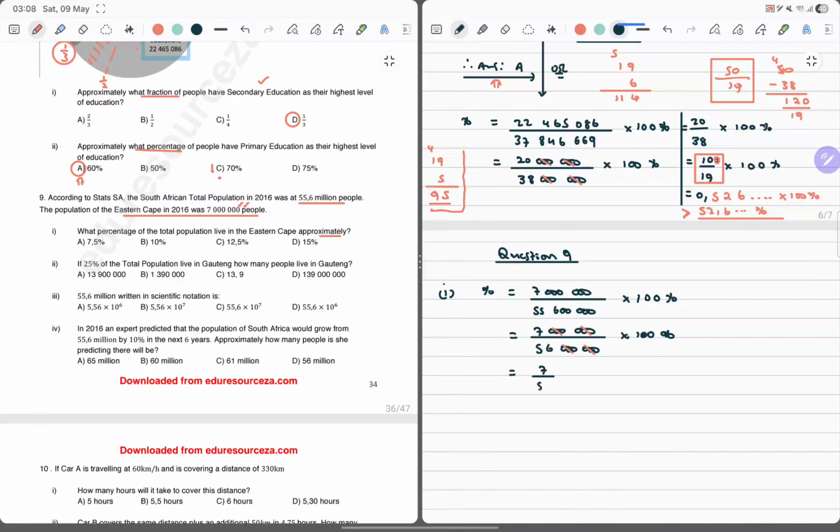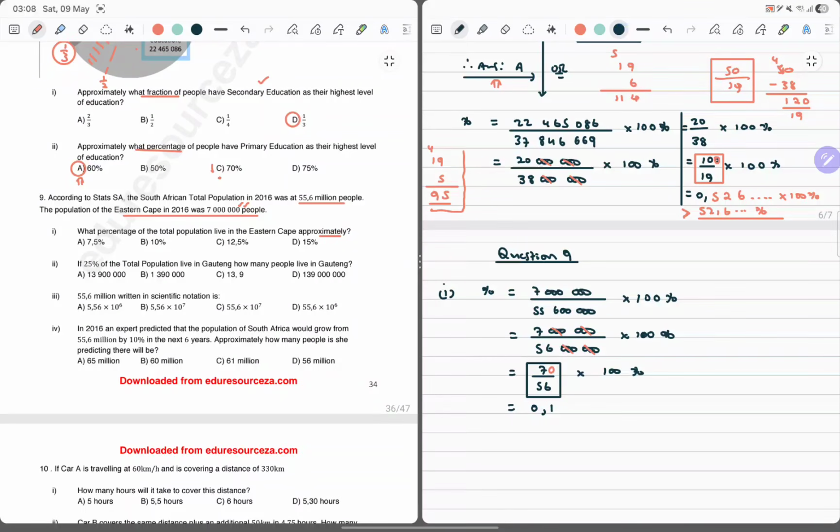So this is 7 over 56 times 100%. And of course, let's change this into a decimal. Now 56 into 7 goes 0 times, and then we put a 70 there. 56 into 70 goes once.